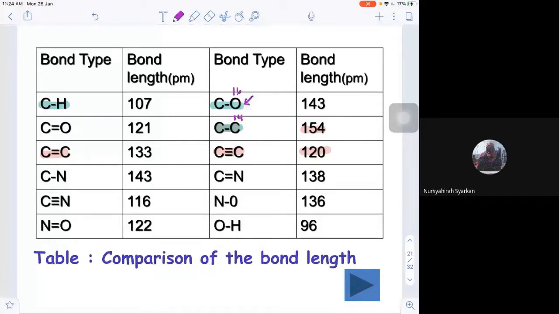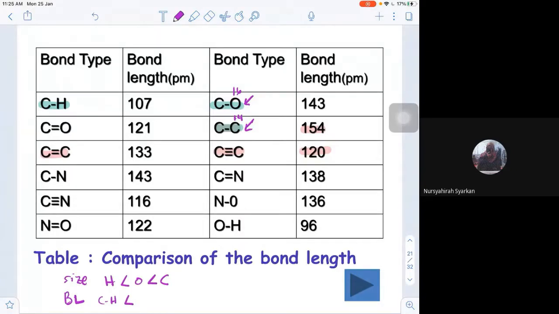So if we arrange the size trend from the smallest to the biggest one, the smallest is hydrogen. It is smaller than oxygen, which is smaller than carbon. That is why the bond length will be shortest between carbon and hydrogen.